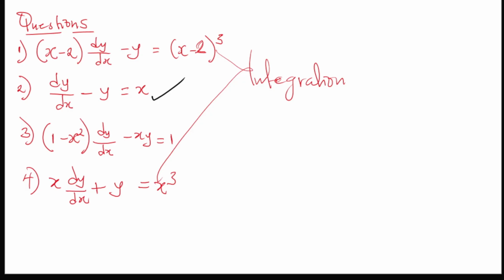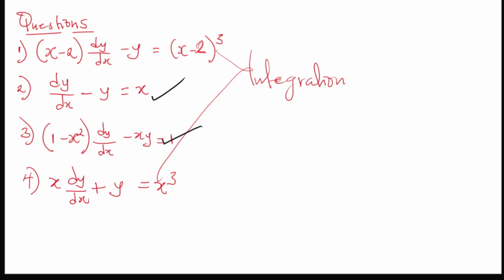Looking at the next question, we have 1 minus x square dy over dx minus xy is equal to 1. What are we asked to do? We are asked to use our integrating factor method to solve this particular problem.